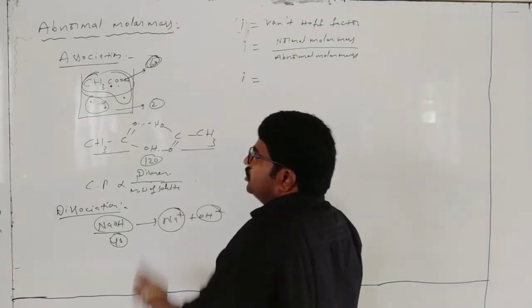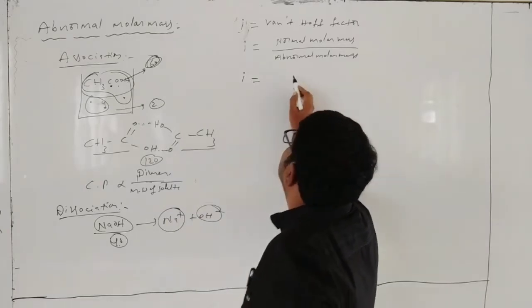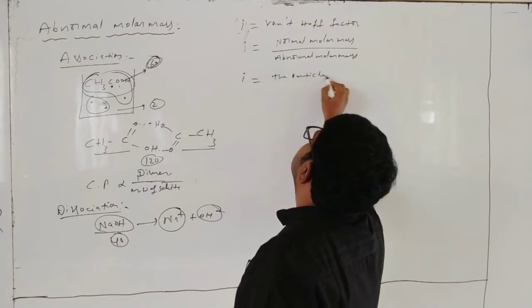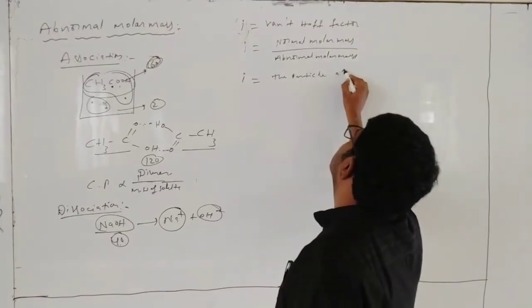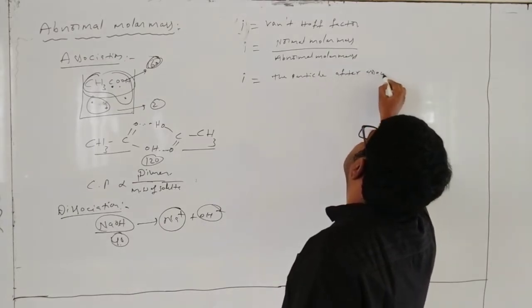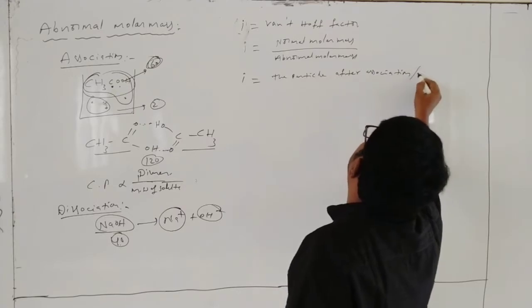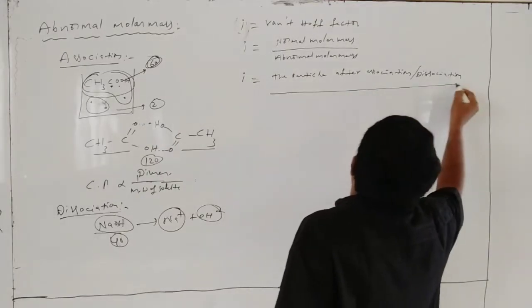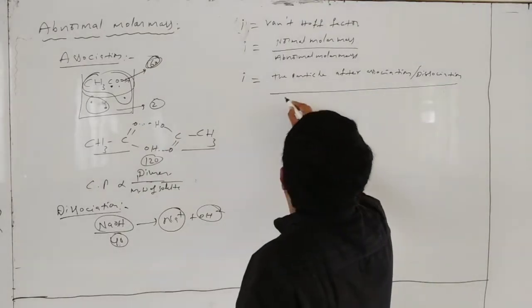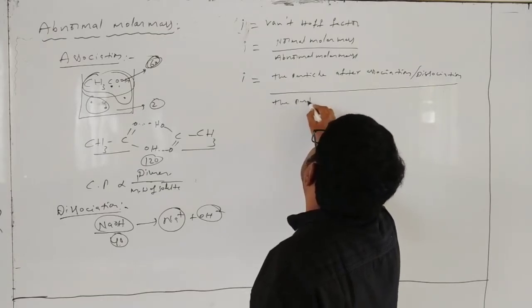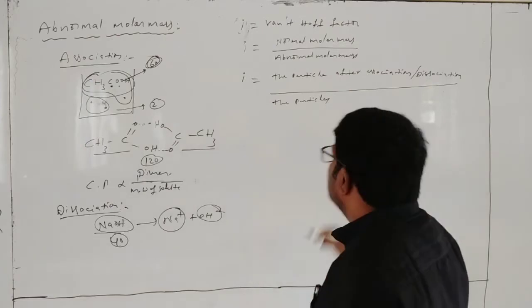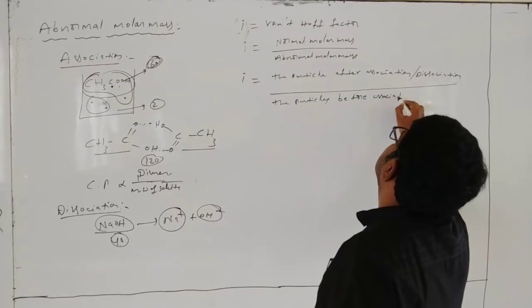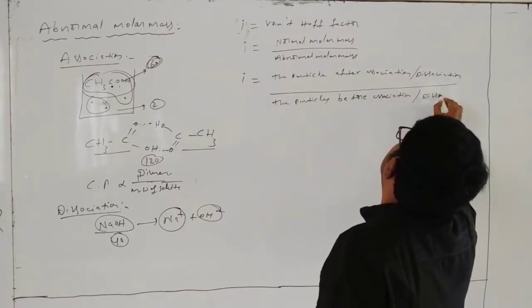One more definition, for association and dissociation: i is equal to the number of particles after association or dissociation, divided by the number of particles before association or dissociation.